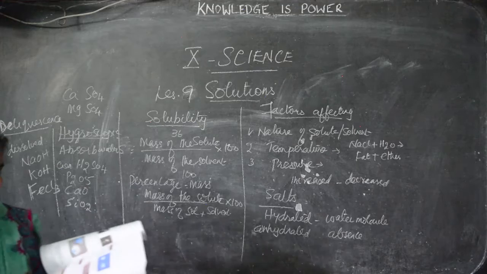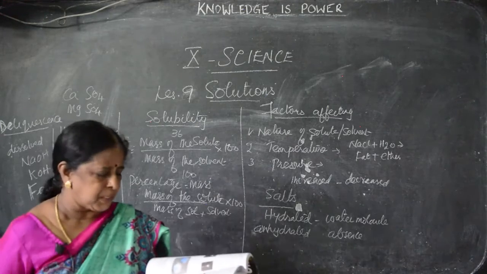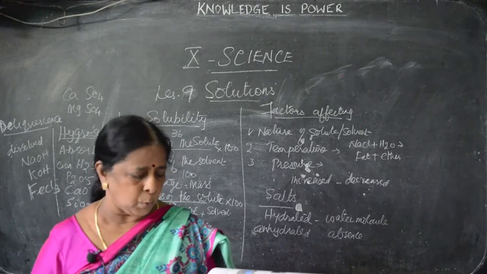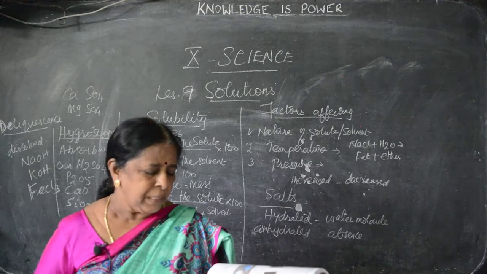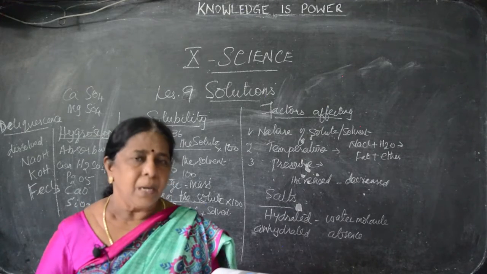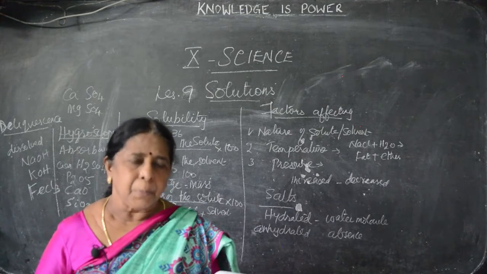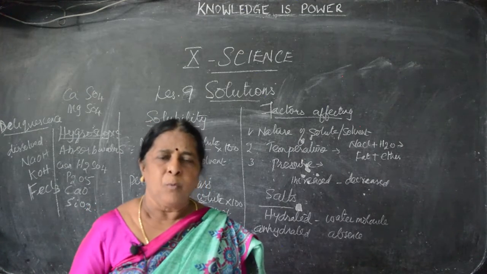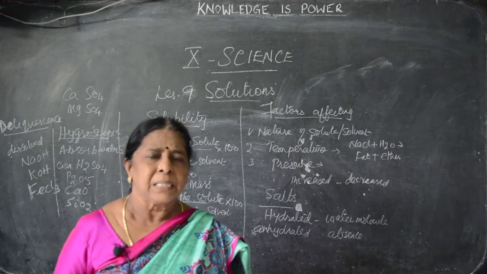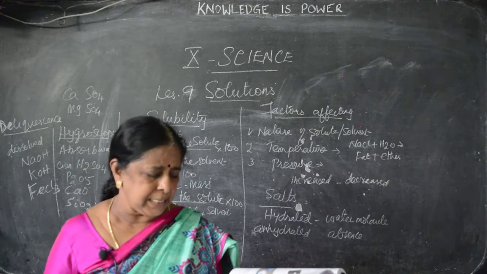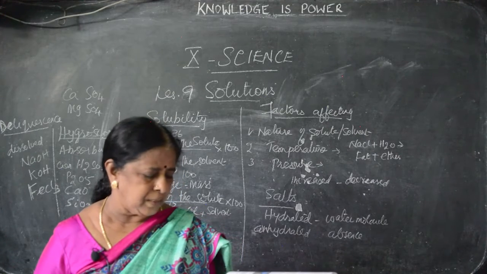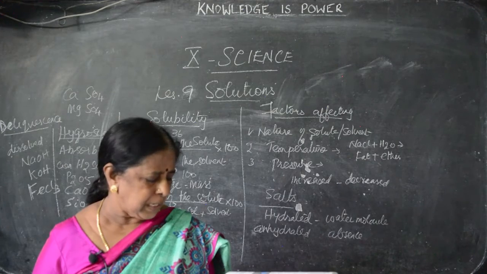Now we have to go for the differences between hygroscopic and deliquescent substances. That is also a 2-mark question. Hygroscopic: when exposed to the atmosphere at ordinary temperature, they absorb moisture and do not dissolve. Deliquescent: when exposed to atmospheric air at ordinary temperature, they absorb moisture and dissolve.